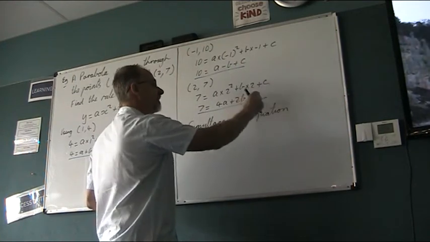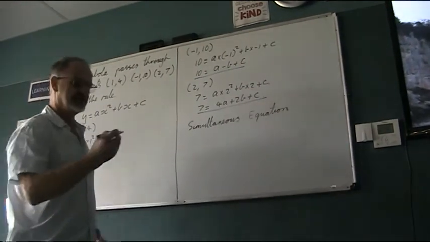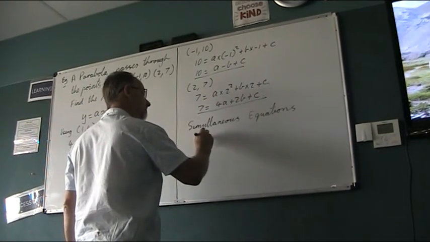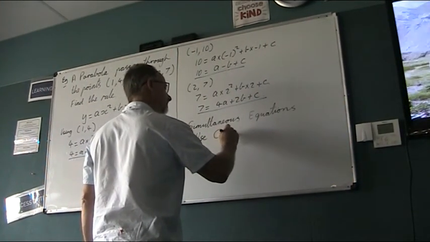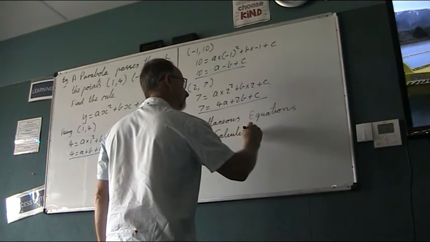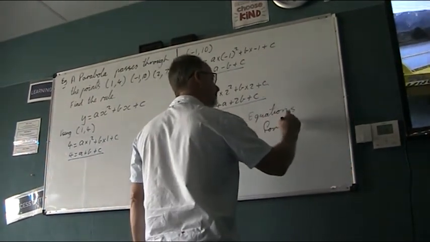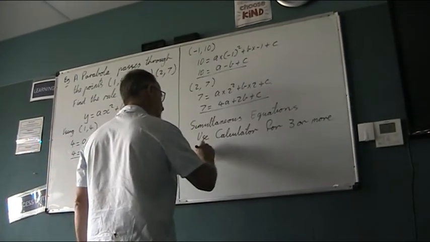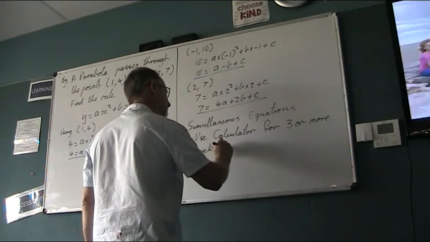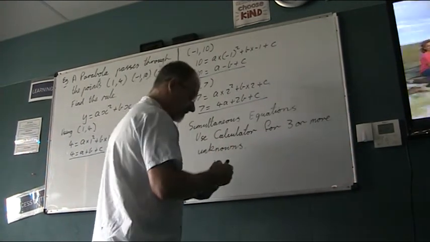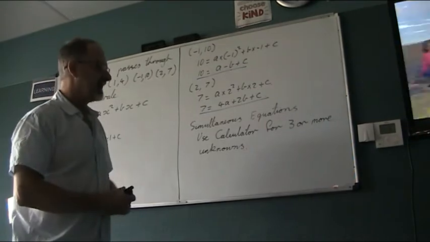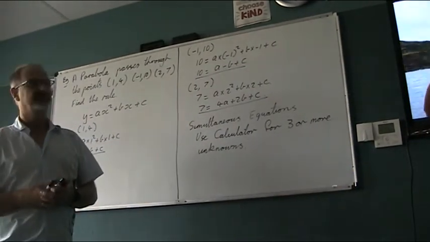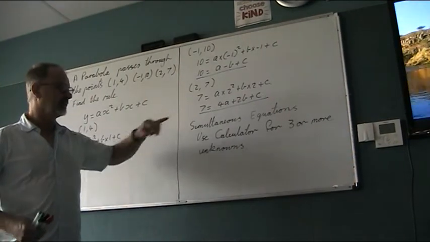Here we've got 3 unknowns, so we are going to use our calculator. We use our calculator for 3 or more unknowns. We've been doing simultaneous equations by hand up till now, but we've only had 2 things that we've been finding out. Now we've got 3.